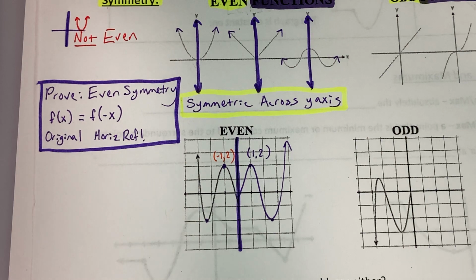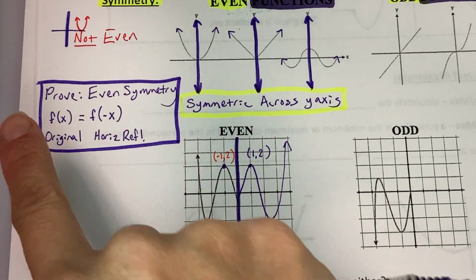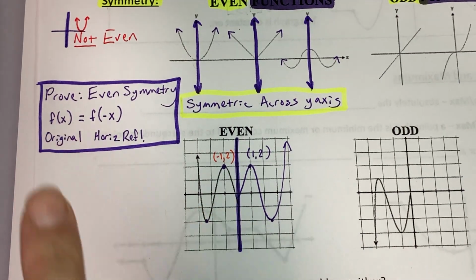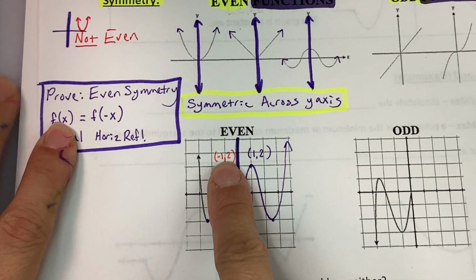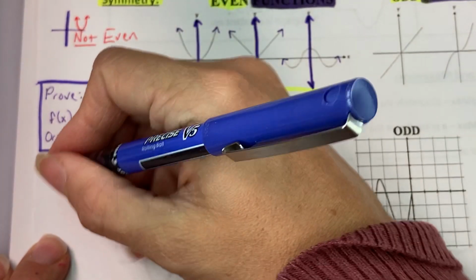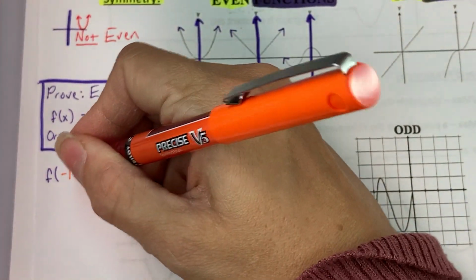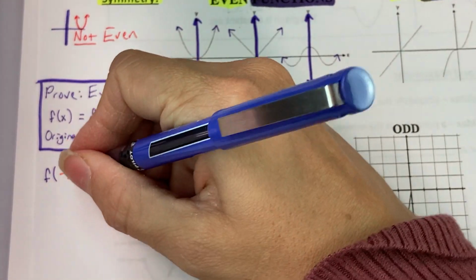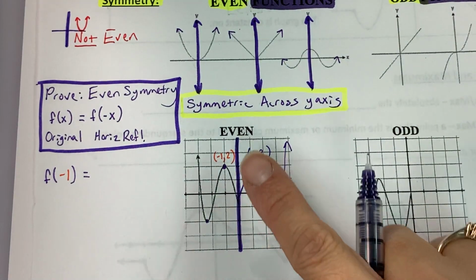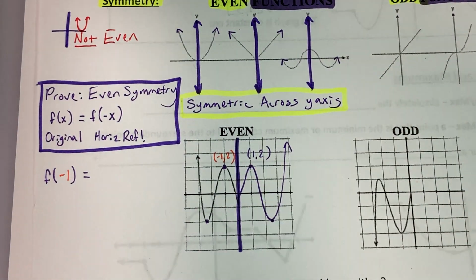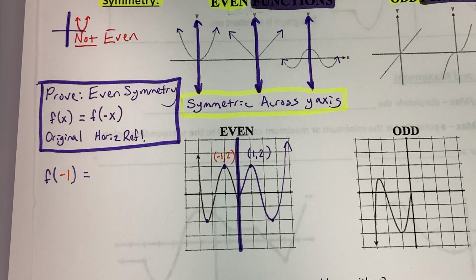So this is important because I can actually show this with my coordinates as well. So if I put in the -1 as my x value, f of -1, we would want to show that horizontally reflecting that point or transforming that coordinate gives me the same output.